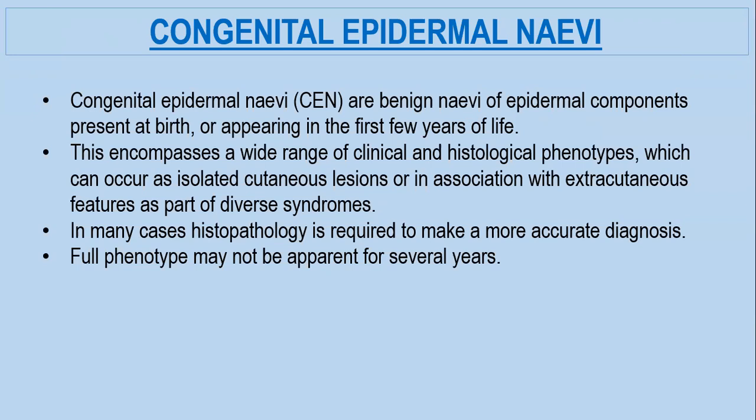This encompasses a wide range of clinical and histological phenotypes, which can occur as isolated cutaneous lesions or in association with extracutaneous features as a part of diverse syndromes. In many cases, histopathology is required to make an accurate diagnosis, and the full phenotype may not be apparent for several years because it takes time for the full phenotype to develop.